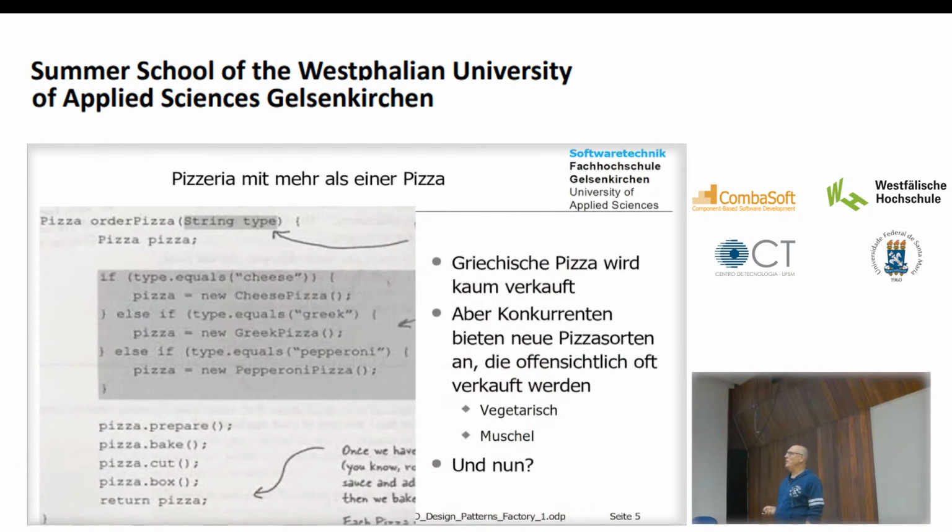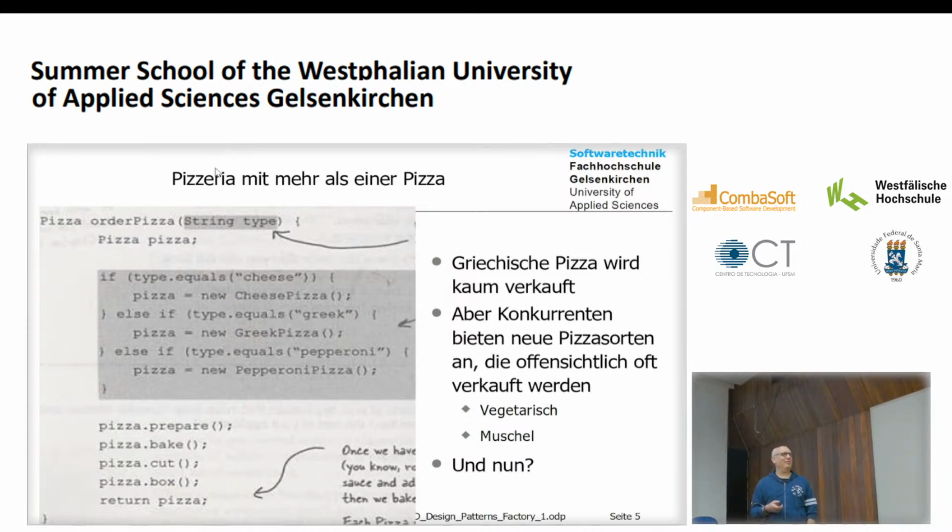We have a pizzeria with more than one pizza. Someone likes cheese pizza, lots of cheese on it. Greek pizza, with a lot of garlic and seafood, and whatever. And pepperoni for the girls who are vegetarian.